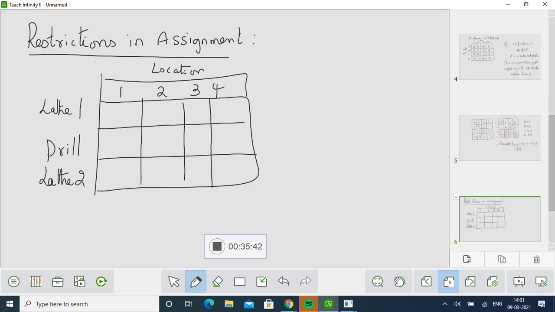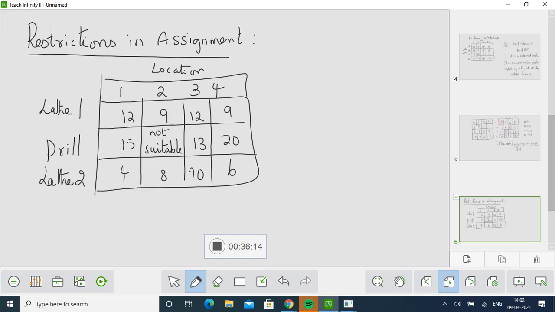The values are 12, 15, 4, 9, then you have not suitable, then you have 8, 12, 13, then 10, then 9, 20 and 6.